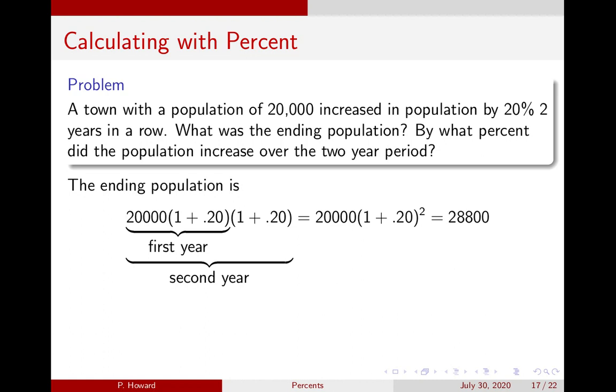And then for the second year, we multiply that value by 1 plus 0.20 to increase it by 20% again. 20,000 times 1 plus 0.20 squared is the shorthand for this calculation. 28,800 is the final result I got.